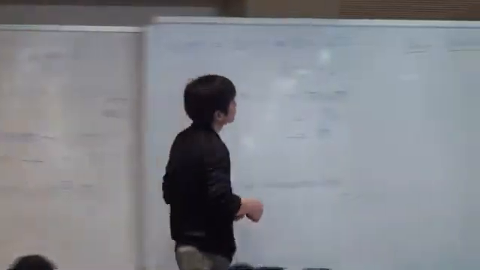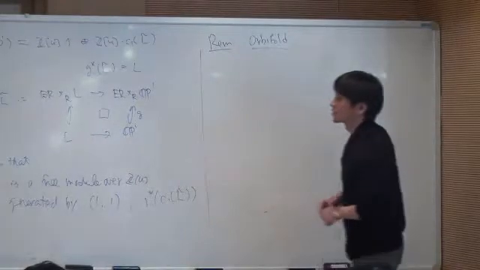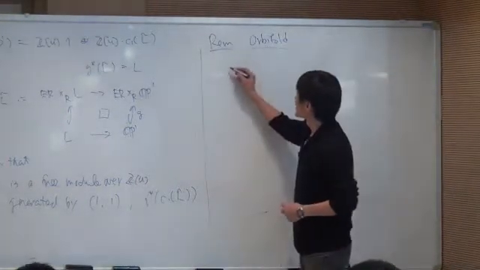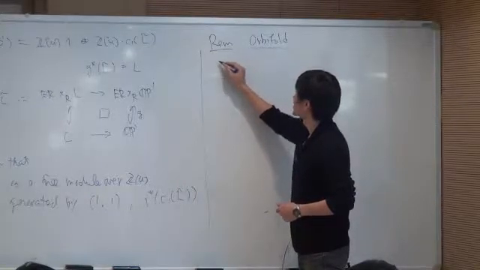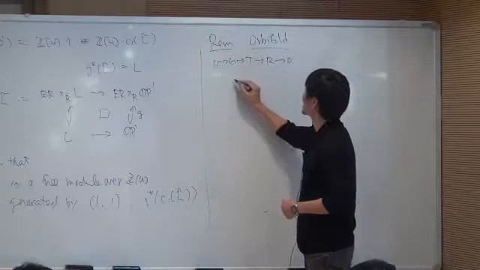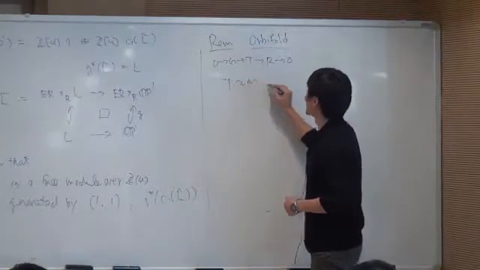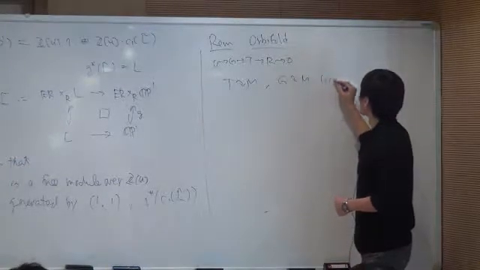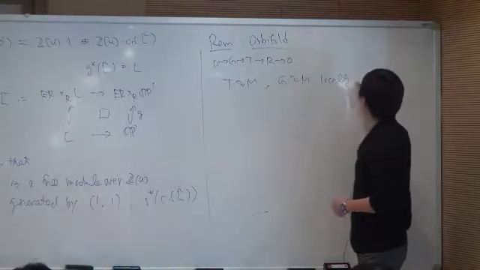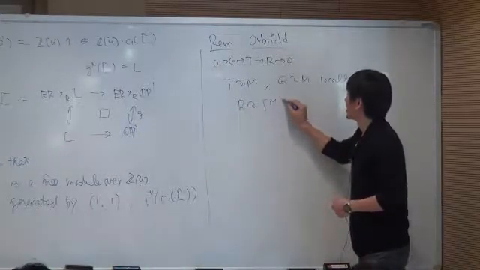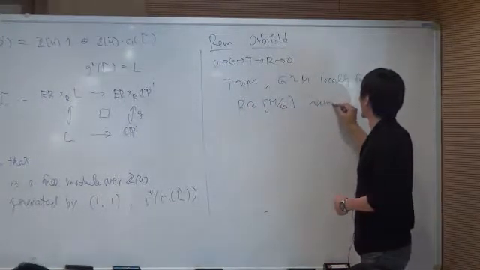So I did that with Tara Holm maybe 3 years ago, and it's still under review. So I could do it when this short exact sequence exists, and T acts on M and G acts on M locally freely, and R action on this is Hamiltonian.